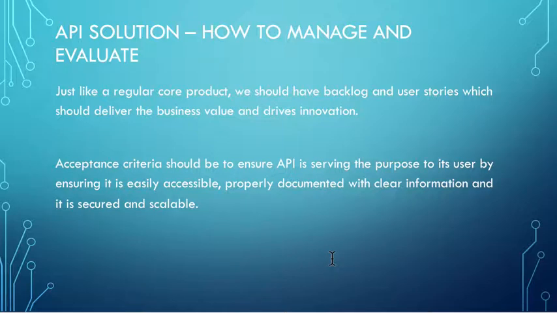The acceptance criteria for such an API based solution would be to ensure that it is accessible. Accessible here means the API should give a frictionless way of building things. Developers should not face too much confusion or too many issues while accessing your APIs.